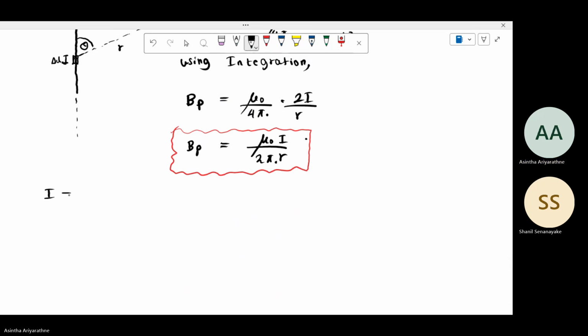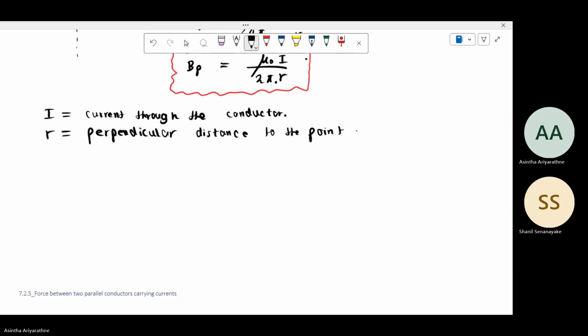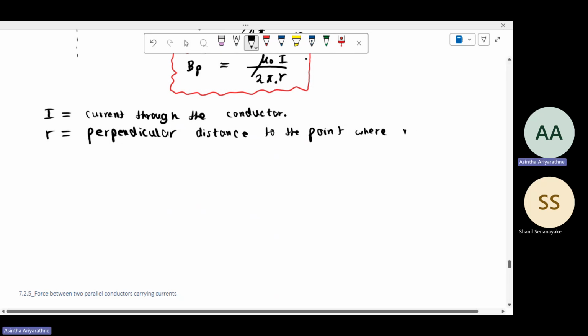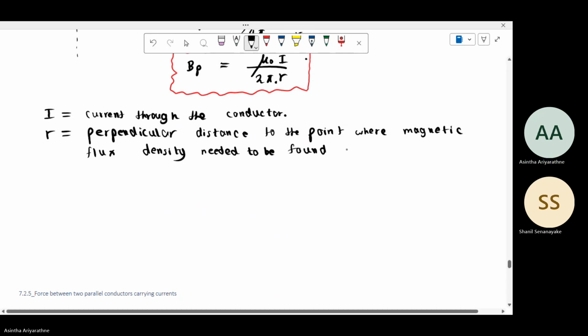I is the current through the conductor. r is the perpendicular distance from the conductor to the point where the magnetic flux density needs to be found.